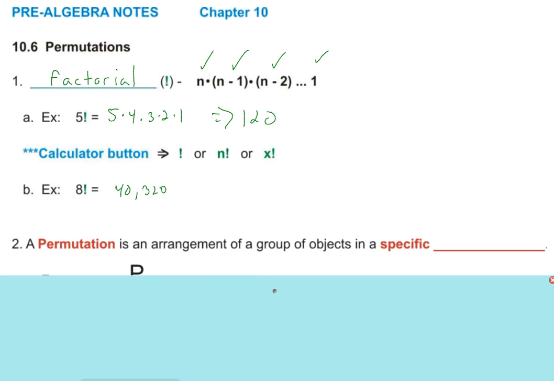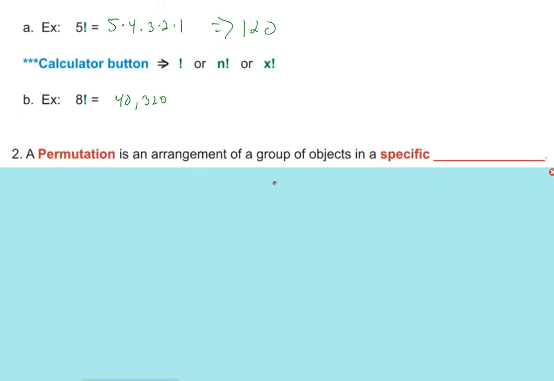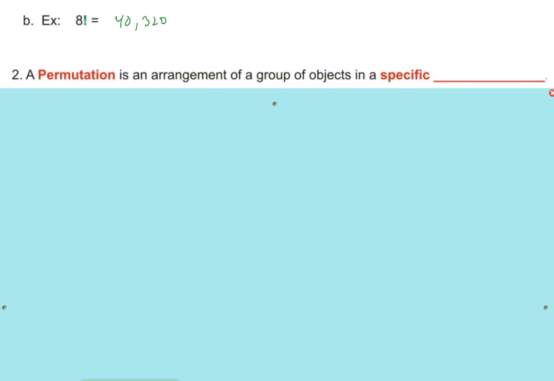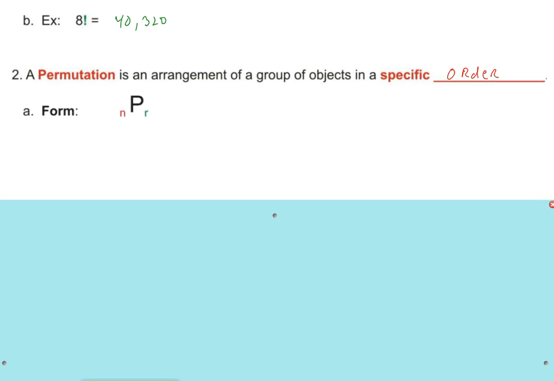All right. So now let's get to permutation. A permutation is an arrangement of a group of objects in a specific order. It's objects listed in a specific order.